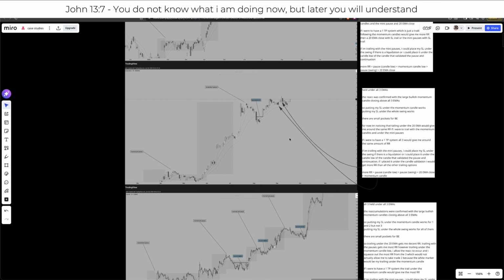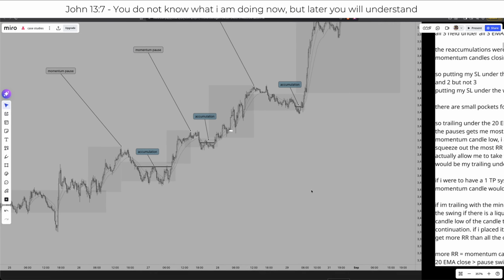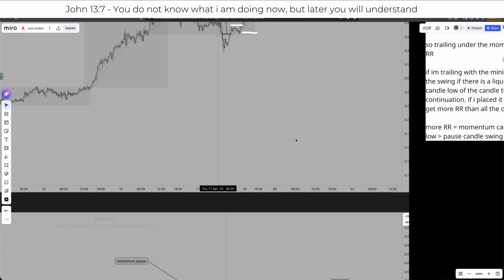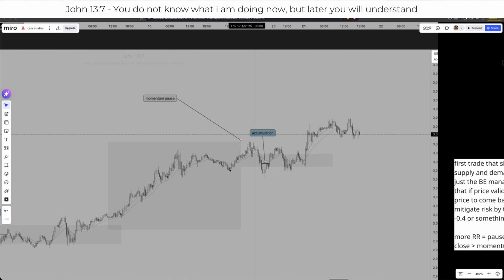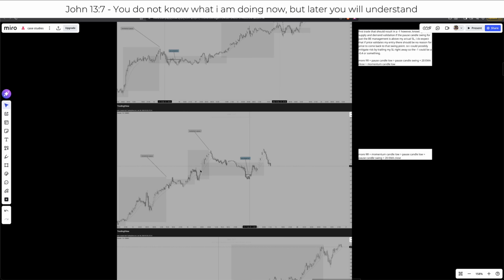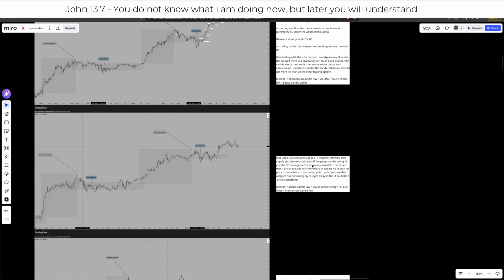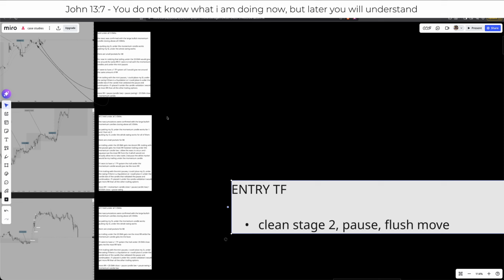We're not looking for stuff that's choppy. This right here would not be a clean one. It would be a nice flush, but this whole thing is kind of choppy. Here you have a nice stage 2, a nice pause, and then a flush. That looks really good.